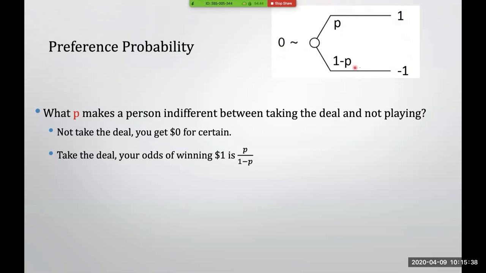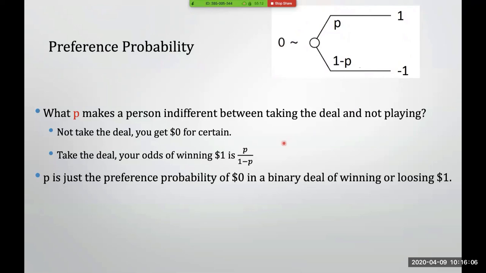Just connect what we're asking here with the term preference probability that we learned before. Preference probability refers to the probability of the higher price that makes you indifferent with a certain amount of money. So here P would be the preference probability of $0 when we are looking at a binary deal between winning a dollar and losing a dollar.